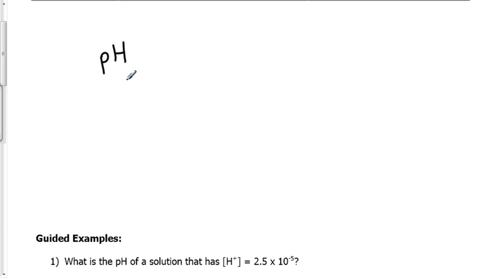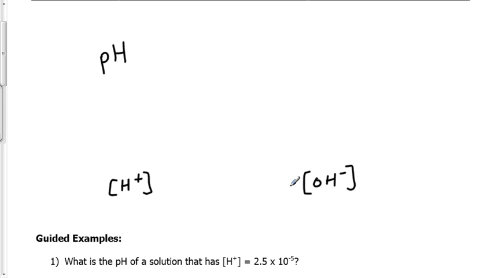Most commonly when we're finding pH, we're going to use the hydrogen ion concentration, H+, but today we're going to learn how to convert between several different things. So this ion is the ion donated from acids. We're also going to be able to work with the ion donated from bases, the hydroxide ion, OH-.